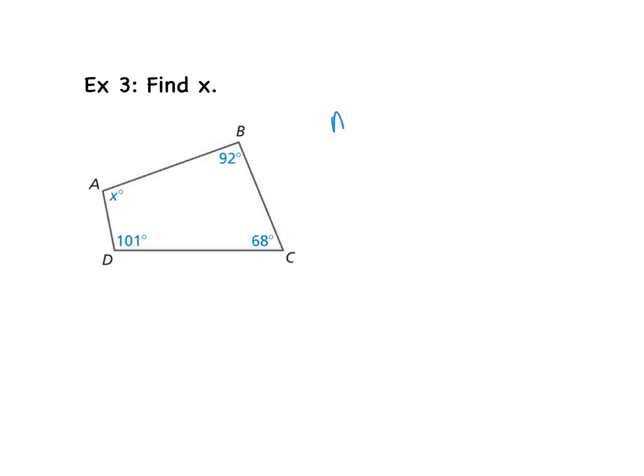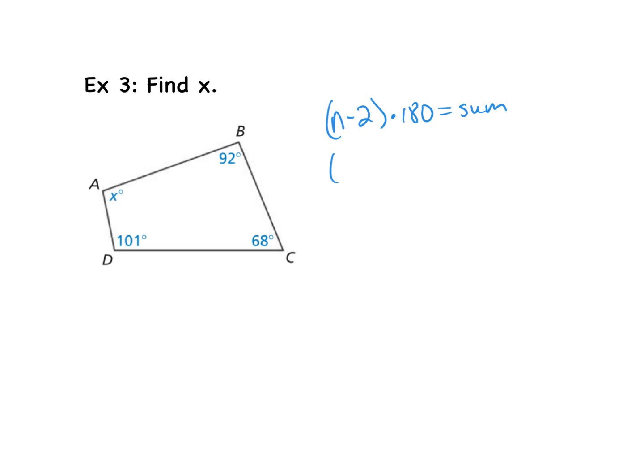So the sum is n minus 2 times 180 equals the sum. What am I plugging in for n here, Mateo? What's the n on this one?